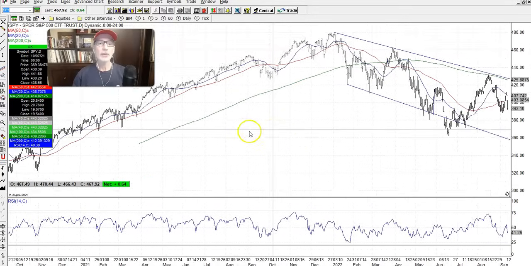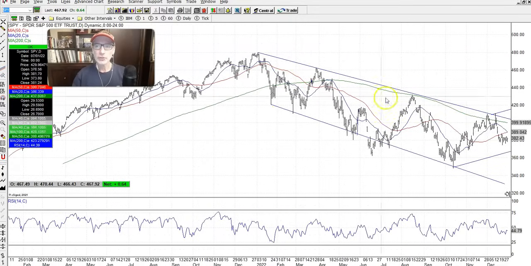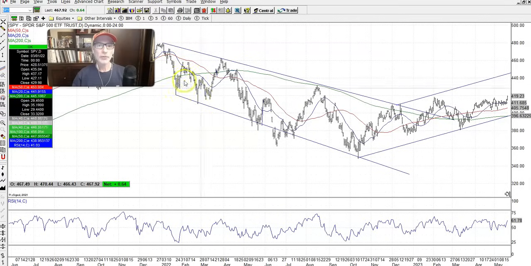And it's just manual labor. You connect some tops and you connect some bottoms after a month or two's worth of trading, and you extend the lines. That way you'll see where in the future the stock or the index could potentially fall or jump from.